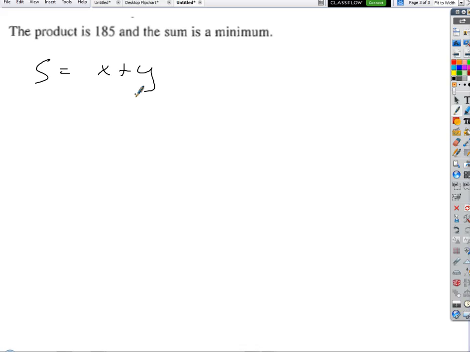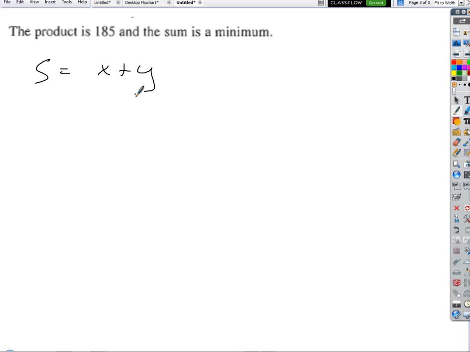How many independent variables? So what do I need? A secondary equation. Do you remember what I like to call that? The equation of constraint, because it's got to be the constraint. If there are no constraints on this, what are x and y going to be if I want their sum to be a minimum?